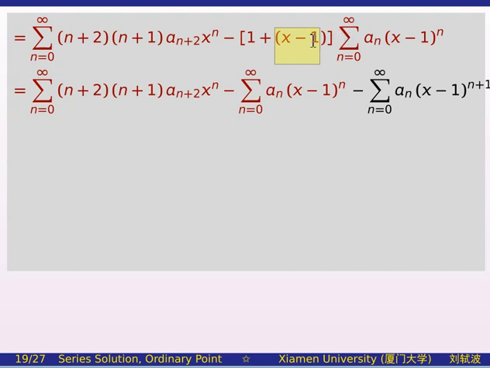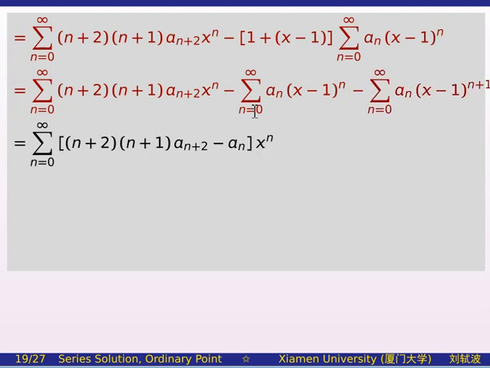We can move the x minus 1 inside the summation, and this increases the power of x minus 1. Previously it is n. Now after moving the x minus 1 inside, this becomes n plus 1. Therefore this becomes (n plus 2)(n plus 1) a_(n plus 2) minus a_n.